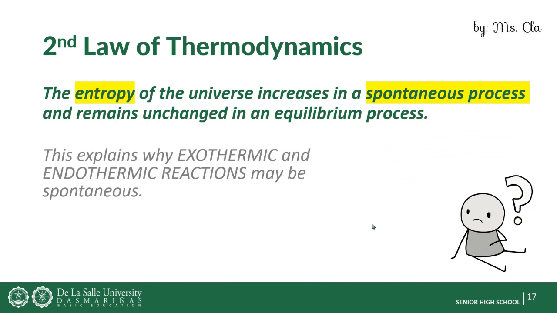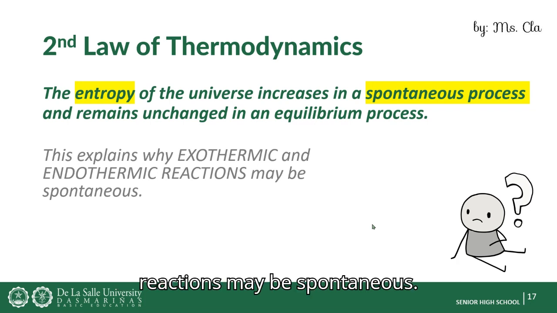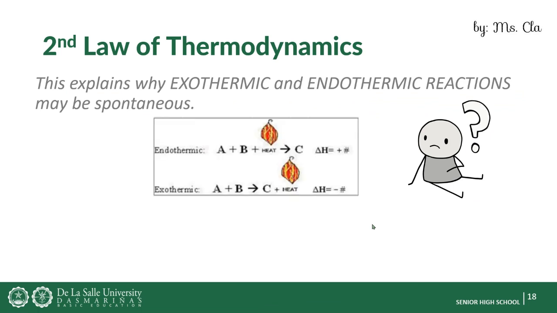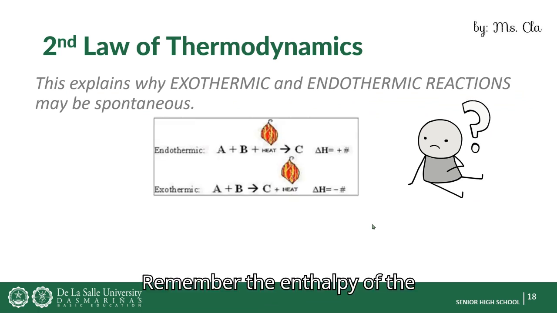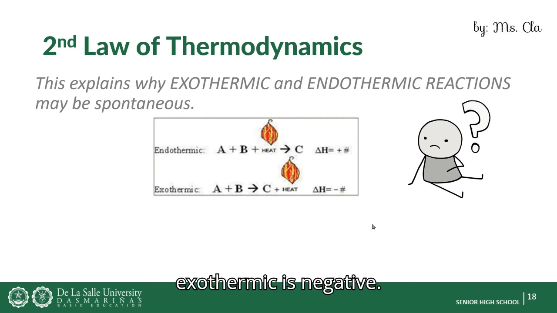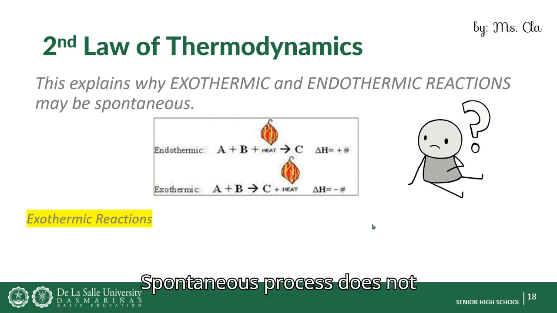So that's why exothermic and endothermic reactions may be spontaneous. So why? Remember, the enthalpy of the endothermic is positive and the exothermic is negative. But why is it a spontaneous process? A spontaneous process does not require work, or energy, for it to happen.